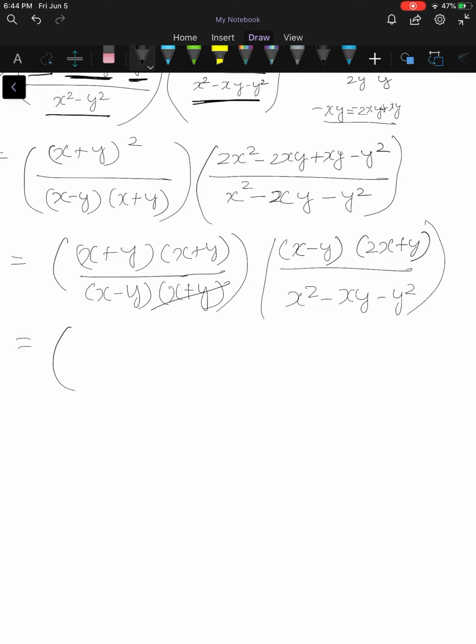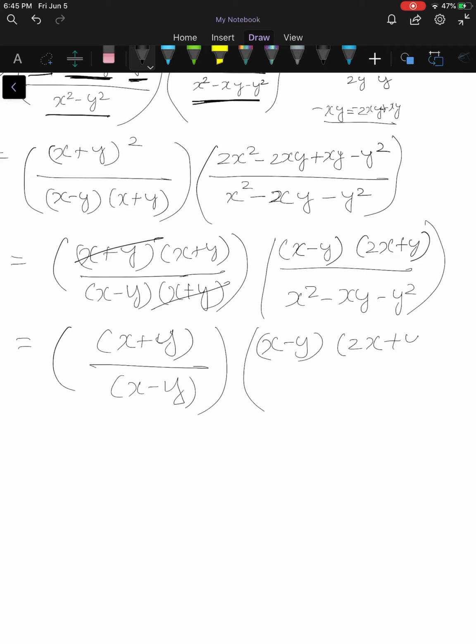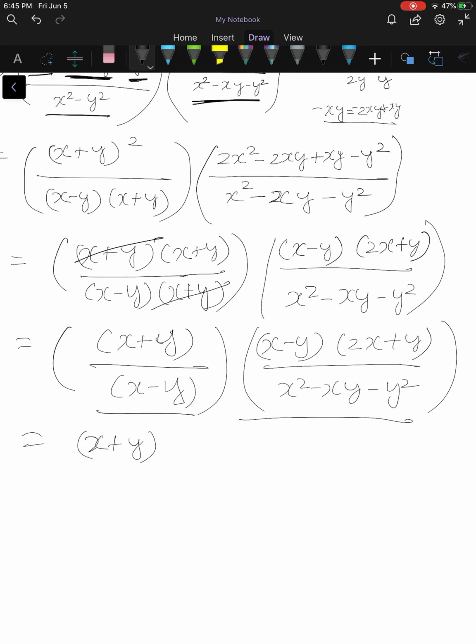Now you can see x plus y and x plus y are common. So x plus y divided by x minus y times x minus y of 2x plus y divided by x square minus xy minus y square. So now apply the multiplication rule. Multiply the numerators and the denominators separately.